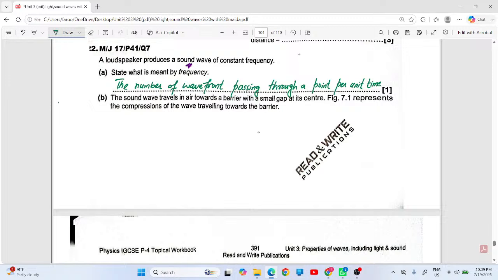The number of wave fronts means frequency equals number of waves divided by time.